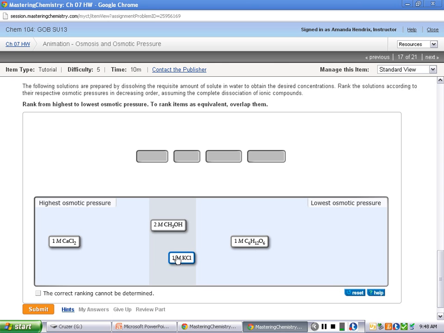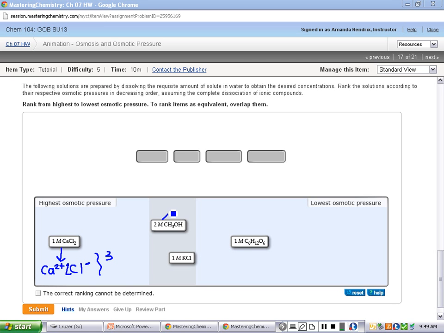So if we look at this in detail, ionic compounds completely dissociate, and we have 2 chlorides, so in total we have 3 solutes, or 3 ions.